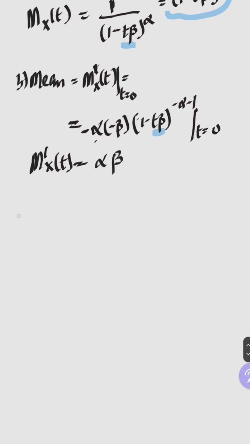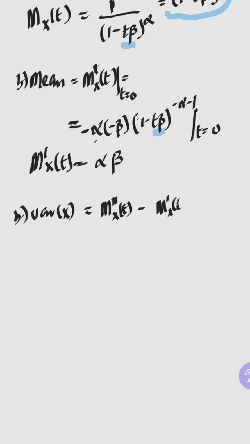Now finding the variance. For the variance of x, we have this to be the second moment, the second derivative, minus the first, all squared. So now we need to calculate this. That means we're going to take the second derivative of the MGF function.